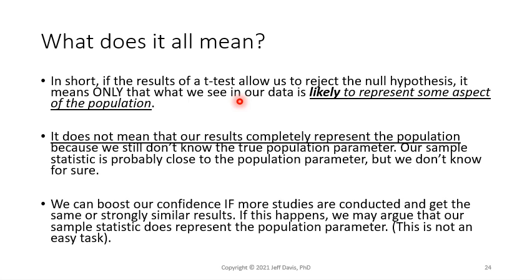And for no other reason than that we don't know what that population parameter is. We still don't know what it is. All these methods we've been talking about, like the sampling distribution we talked about in chapter 7, are absolutely crucial to telling us how reliable our data might be.